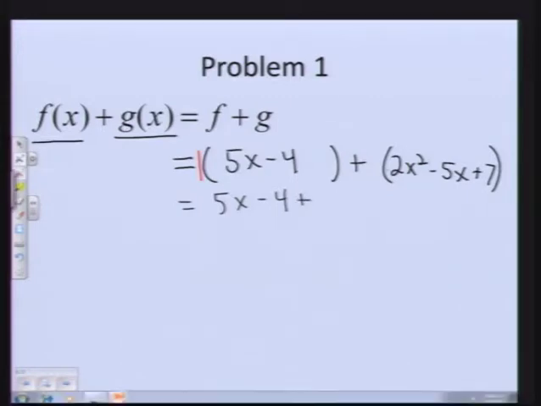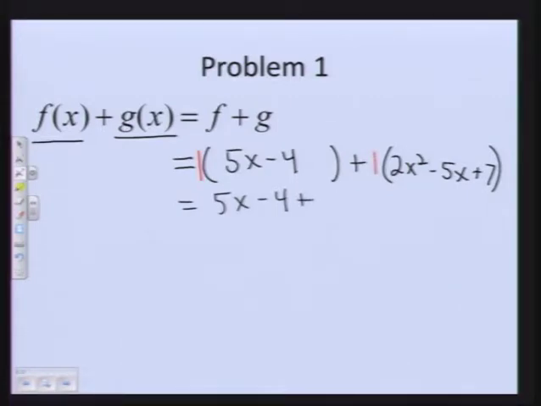Now, in front of the second, we have an understood plus 1. Now, it's not as critical here. I know this is an extra step for most of you, but it will be very critical when we're subtracting in a few moments. So if we distribute positive 1, we simply get 2x squared minus 5x plus 7.